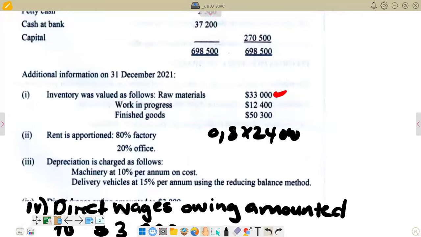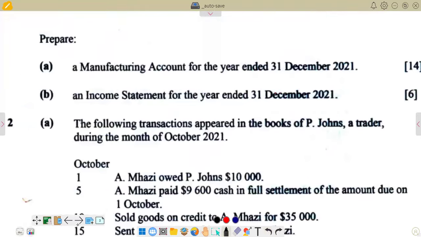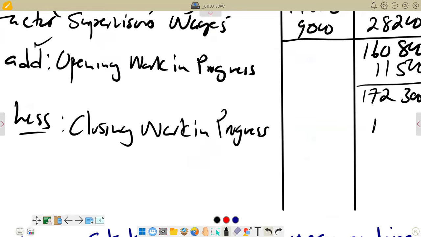So here we are seeing it as 12,400. So we can just pick that. 172,300 minus 12,400. We are supposed to get 159,900.